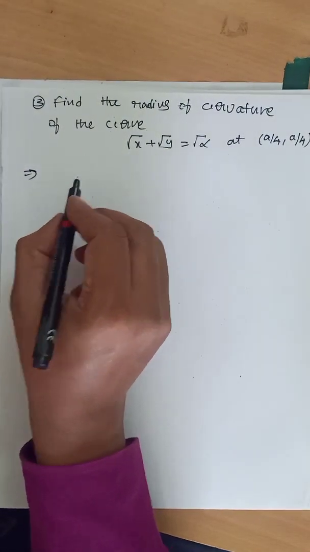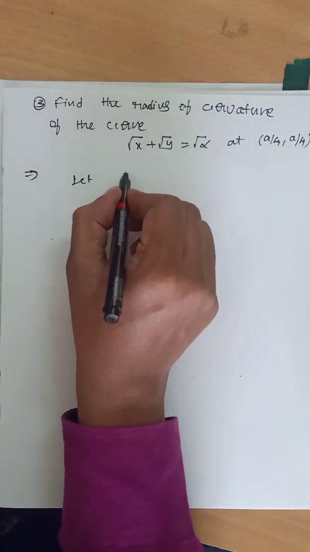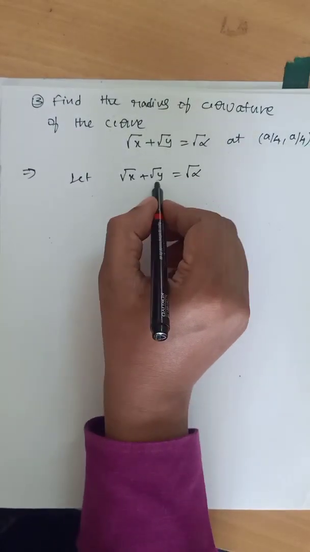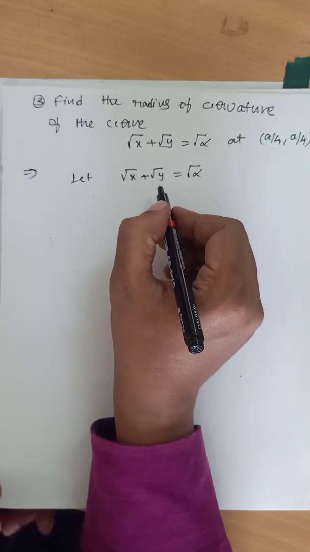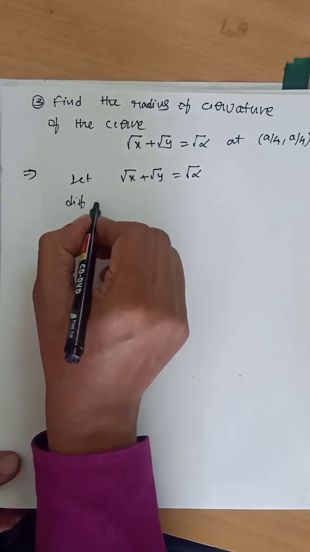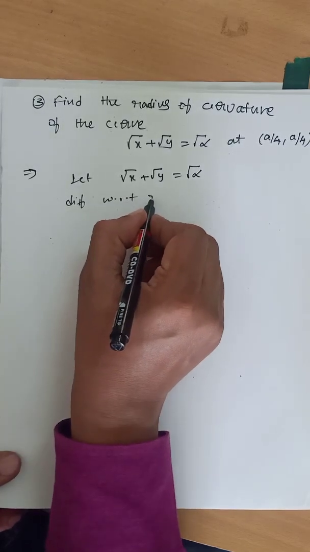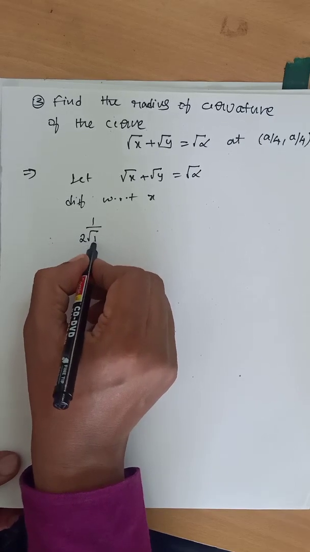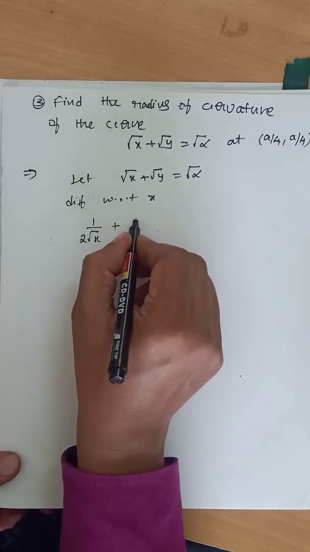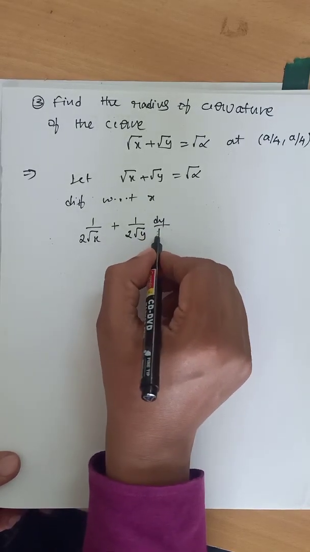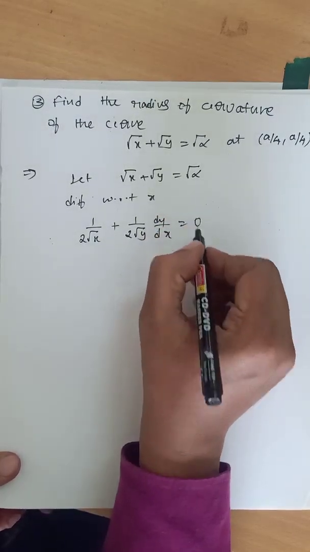Solution: let root x plus root y is equal to root a. The equation is in Cartesian form, so differentiate with respect to x. Derivative of root x is 1 by 2 root x plus 1 by 2 root y into dy by dx. Derivative of constant is 0.